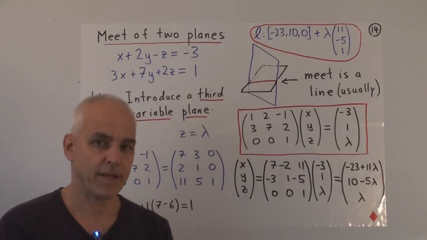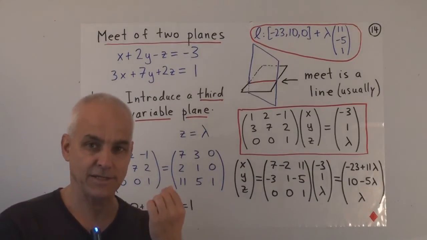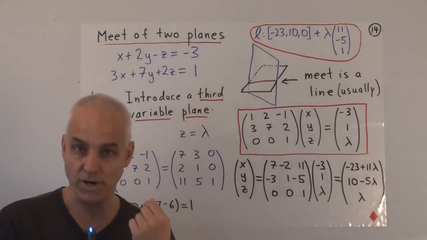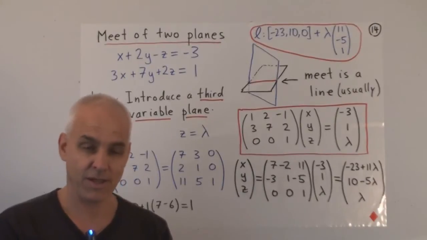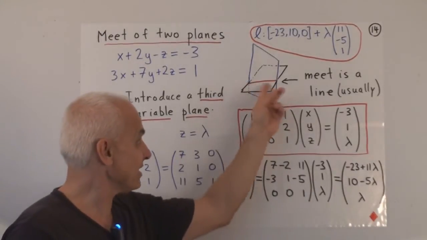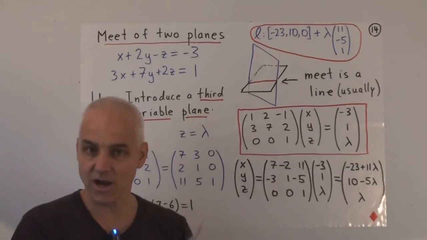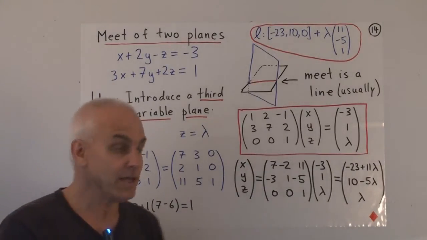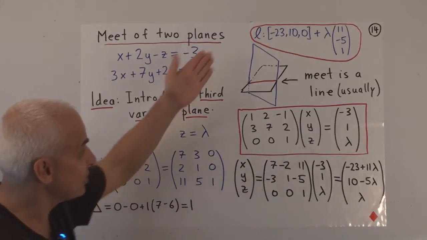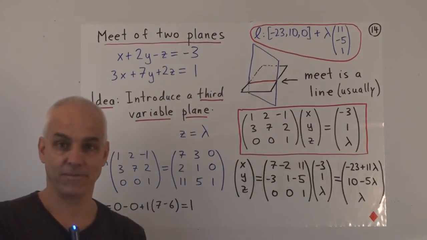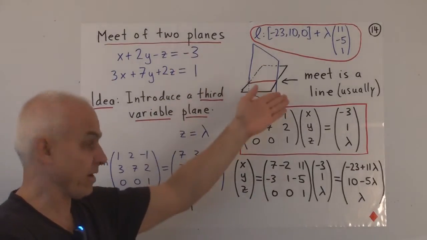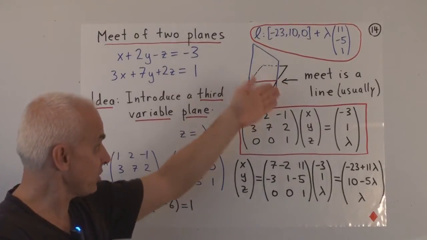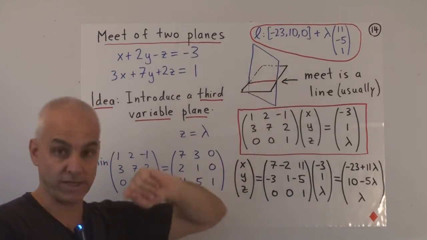Okay, so, well, the thing is, a line is determined by a number of points, say 2 points on the line. So one way of finding this line is to find 2 points on the line. And one way of finding a point on the line is to intersect these 2 planes with a third plane. If we take an arbitrary third plane, it's going to meet that common line in a point.